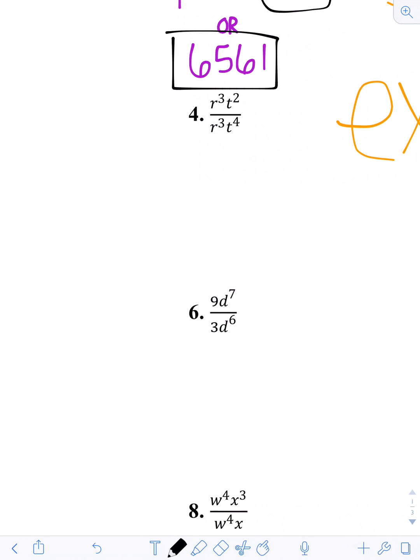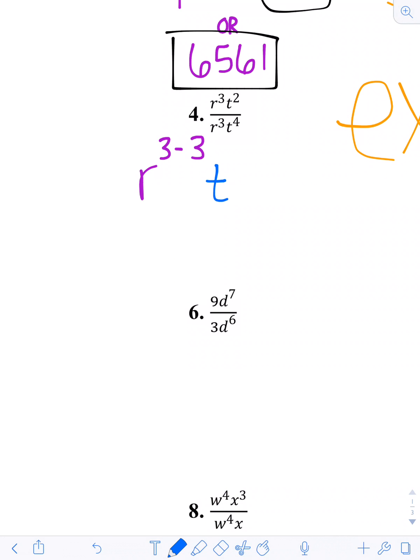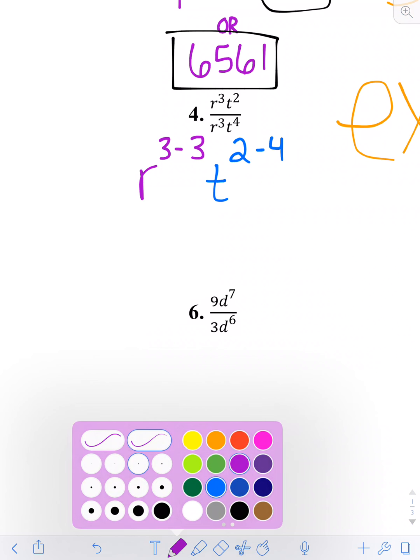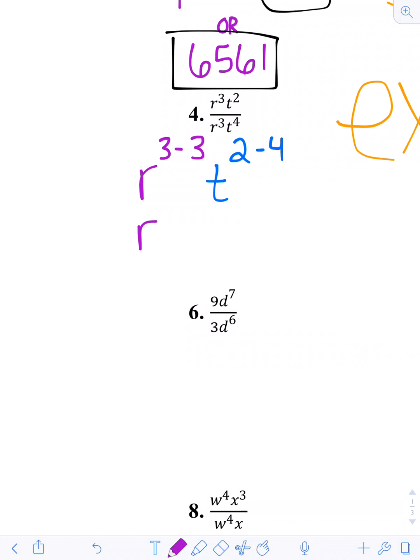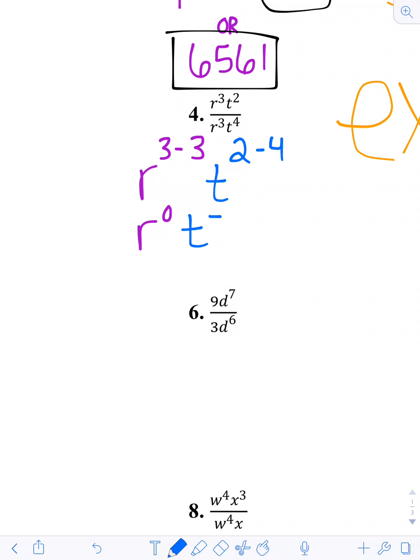Okay, number 4, we have 2 different bases. First one is r. So we have 3 minus 3. And the next one that we have is t. My exponents are 2 minus 4. Okay, so here, 3 minus 3 is 0. And here, 2 minus 4 is a negative 2.